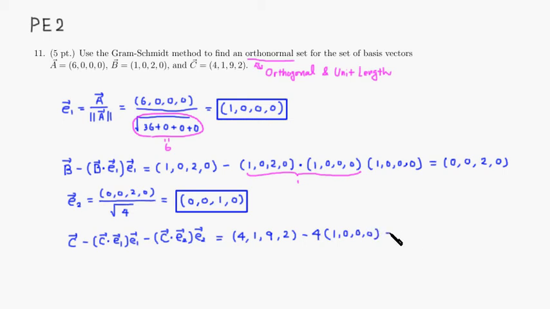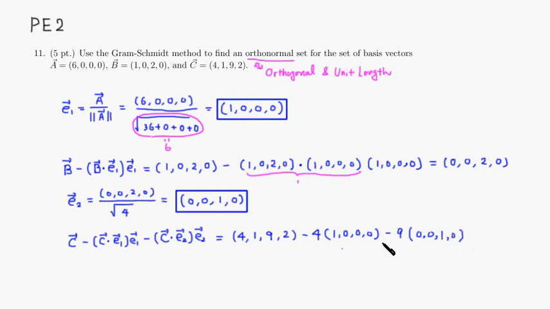Now we take the dot product of C with E2: 0 plus 0 plus 9 plus 0, so it's 9, multiplied by E2, which is 0, 0, 1, 0.